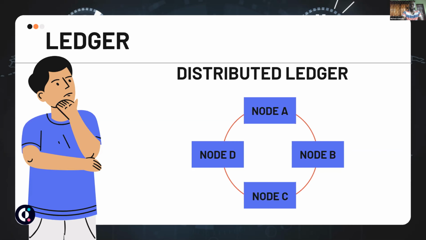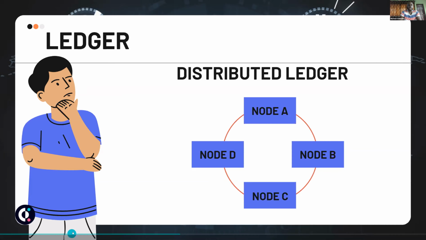Now, node A doesn't know anything about node B, node C, or node D. So it's a chain where individuals can come in without knowing each other, without trusting each other, and can validate and move transactions from each other easily, due to the security measures in blockchain, whereby each block cannot be tampered with easily.